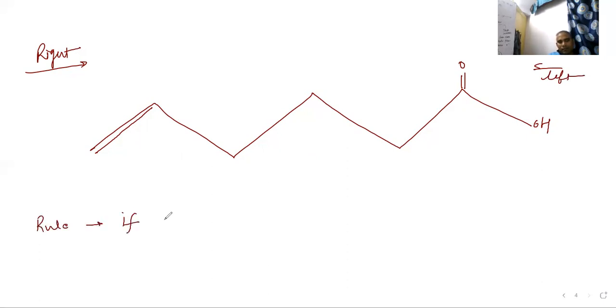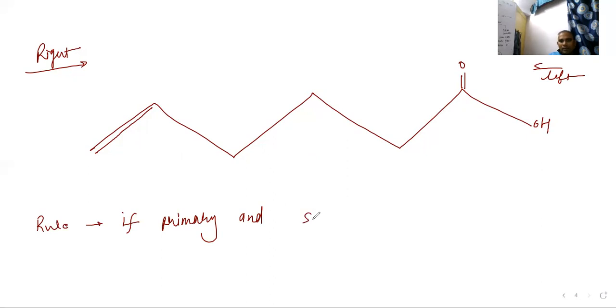Tell me, guys, from which direction should we start numbering, 1 to 3? From OH, sir. From the OH group, the oic acid group. Yes, what is the rule saying, students?